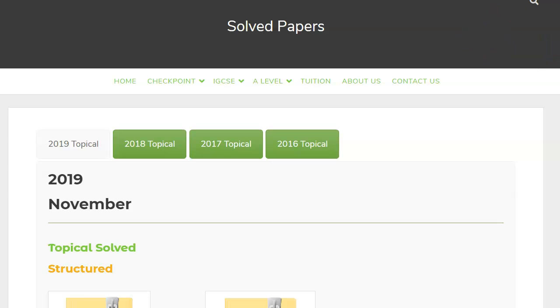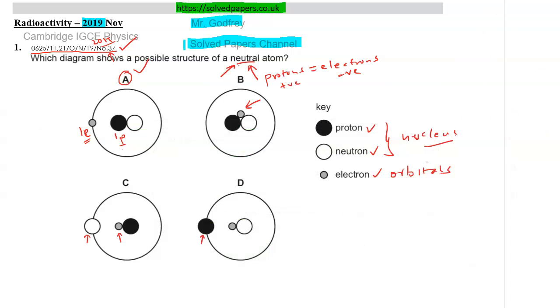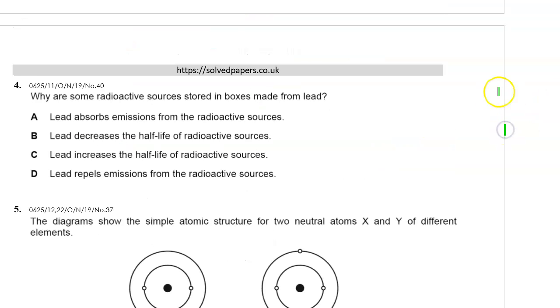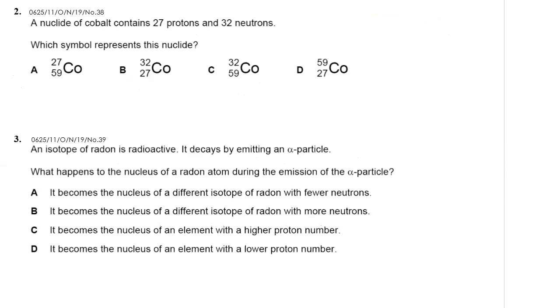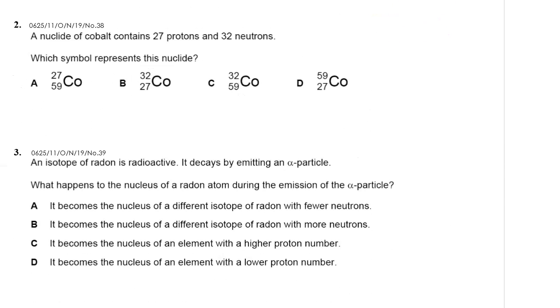Therefore, that out of the way, we can proceed to question number 2. Let's go to question number 2 here. Question number 2 was from variant 1.1, and this was question number 38 of October-November 2019.